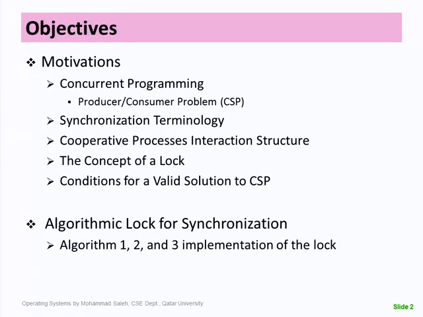The very first implementation is by using an algorithmic way, which means we're going to craft an algorithm which will represent a lock, okay? Thinking that it's going to represent a lock. So we're going to have a few attempts to implement a valid lock, using an algorithm of our own. In fact, we're going to use that in the literature, and there are 3 different implementations or attempts to implement the lock.